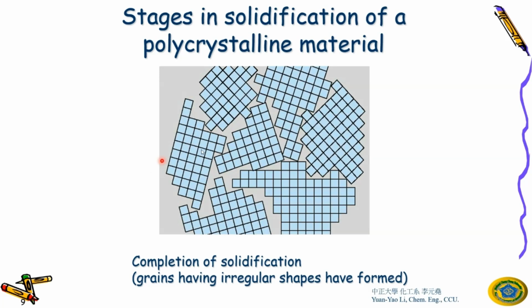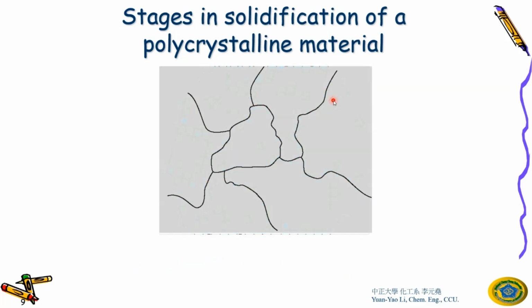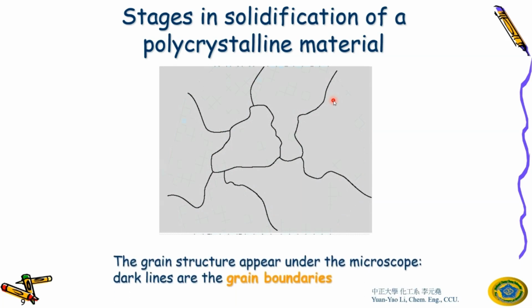So that means what? That means all the grains touch each other. And this is what we call grain boundary. And this is what we call grain, right? Hope you still remember. So as a result, you can use this cartoon to represent this polycrystal.